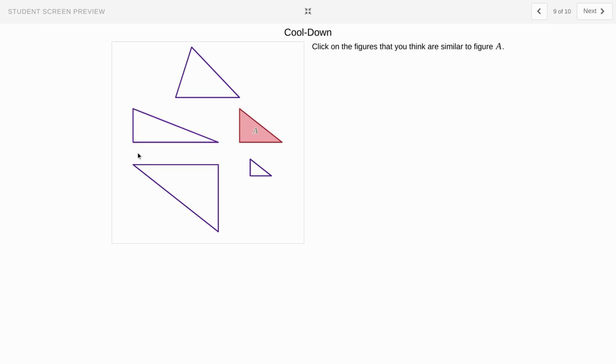It's actually stayed the same, but this has gotten bigger. So that can't be. And then this one, it looks like everything got bigger. And this one looks like everything got smaller. So I'm going to say those two.